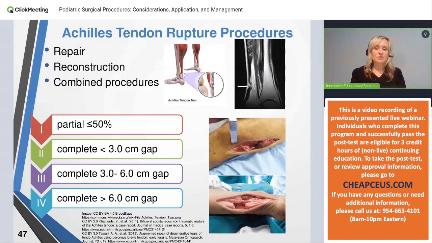Achilles tendon rupture procedures. If we do have a patient where their Achilles tendon has sustained a traumatic injury and ruptured, or over time where there has been degeneration and pathology of that tendon, this tendon can potentially rupture. Often the images show just a big cracking and tear and cut of those ligaments.